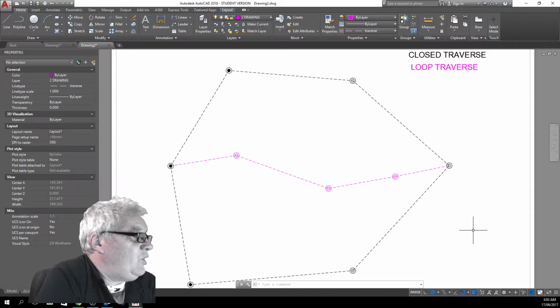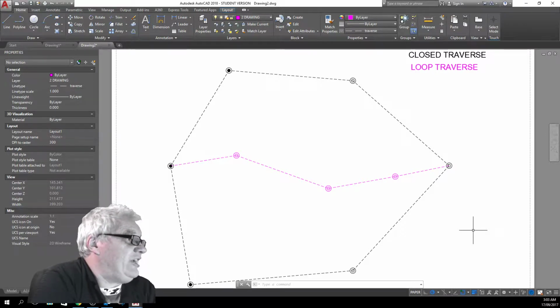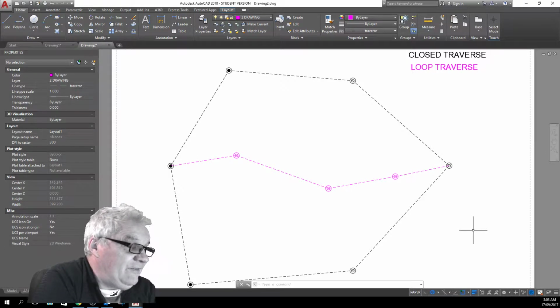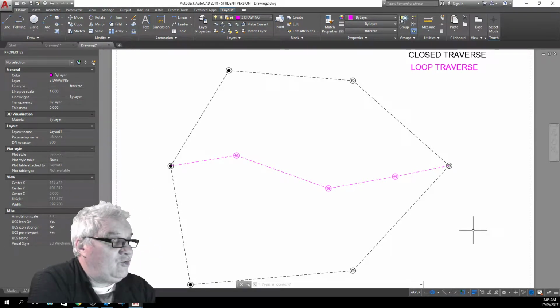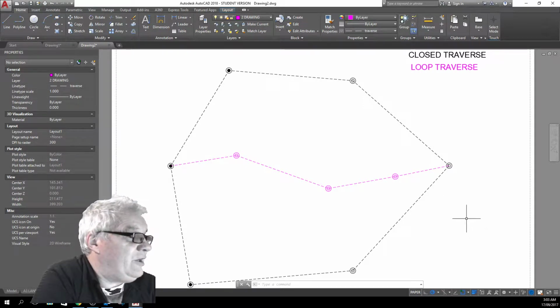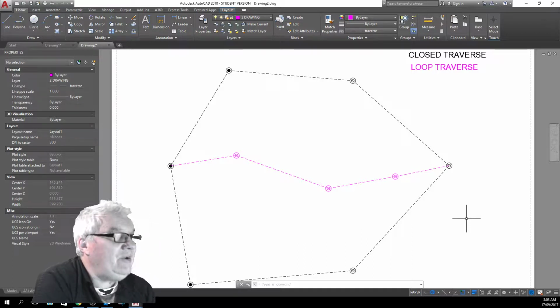But the loop traverse, as it stands, is not quite as accurate as the closed traverse, but pretty much as good. And if it is your own work, if you did the original closed traverse and then did the loop traverse, and there's not too much time between them, you can be pretty confident in it. So that's the loop traverse.